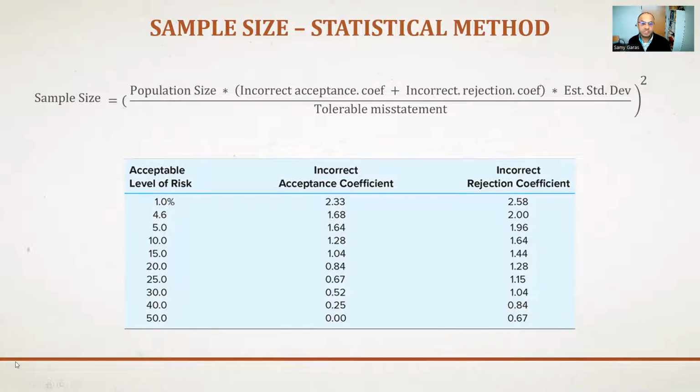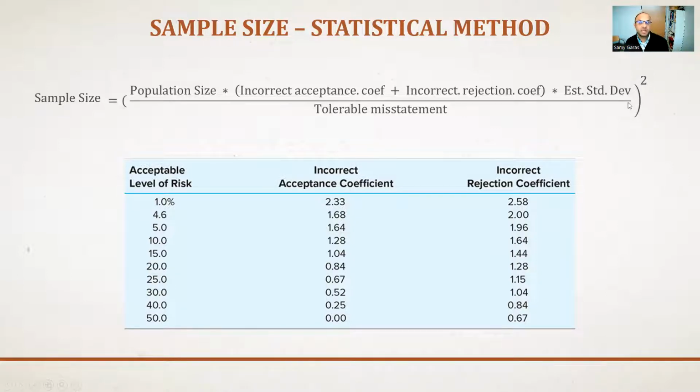If we use a statistical sample, we calculate the sample size as the population size times the incorrect acceptance coefficient plus the incorrect rejection coefficient, times the standard deviation, divided by the tolerable misstatement. And of course, the whole expression is raised to the power of 2.